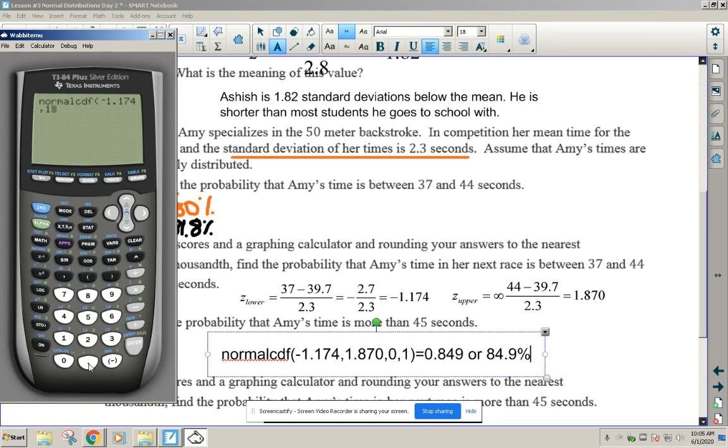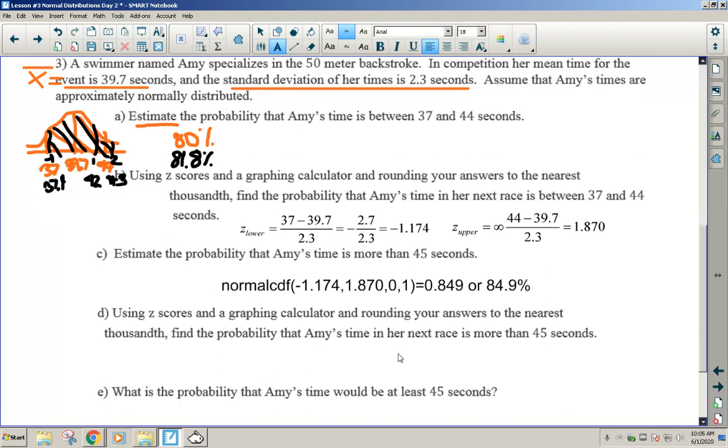You would hit enter. 1.870, comma, 0 for the mean, and 1 for the standard deviation with the z-scores. You hit enter, and there's the same answer that I had just gotten. So this is pretty standard.